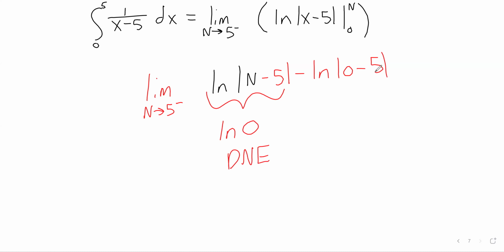Speaking a little more informally, it's negative infinity. So the natural log of 5, that's fine, it's just some number, but this does not exist.